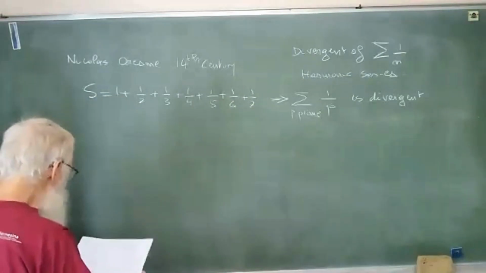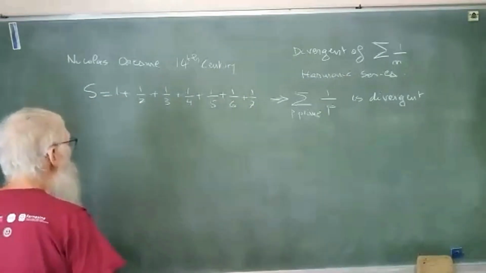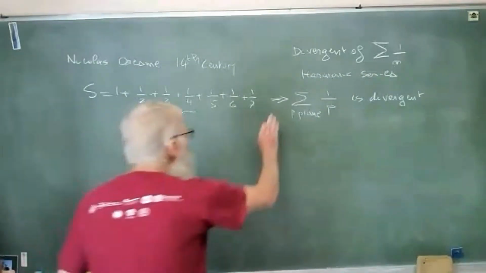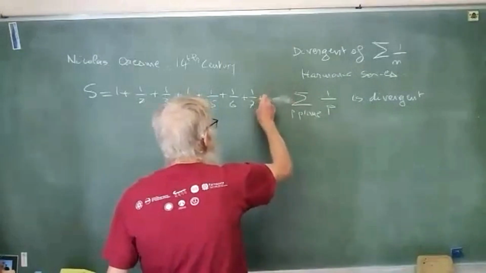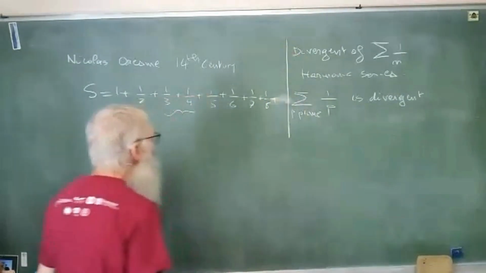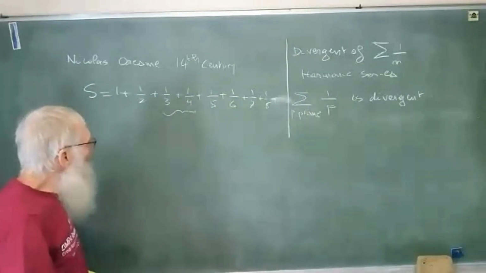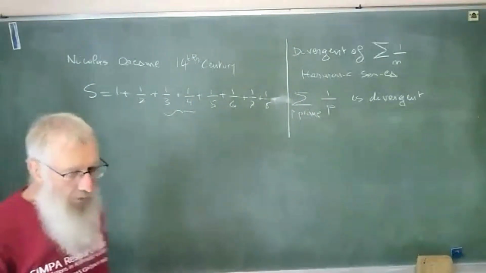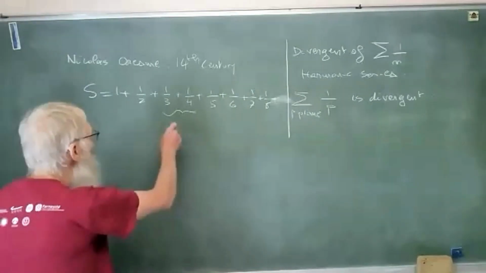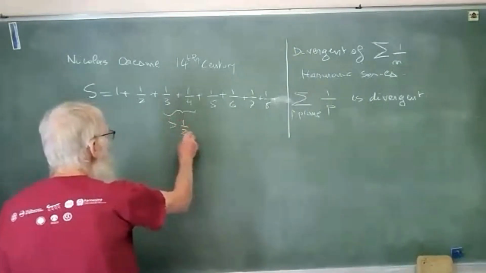And you group the elements as follows. If you take 1/3 plus 1/4, you have two elements which are greater than or equal to 1/4, and so this is greater than 1/2.